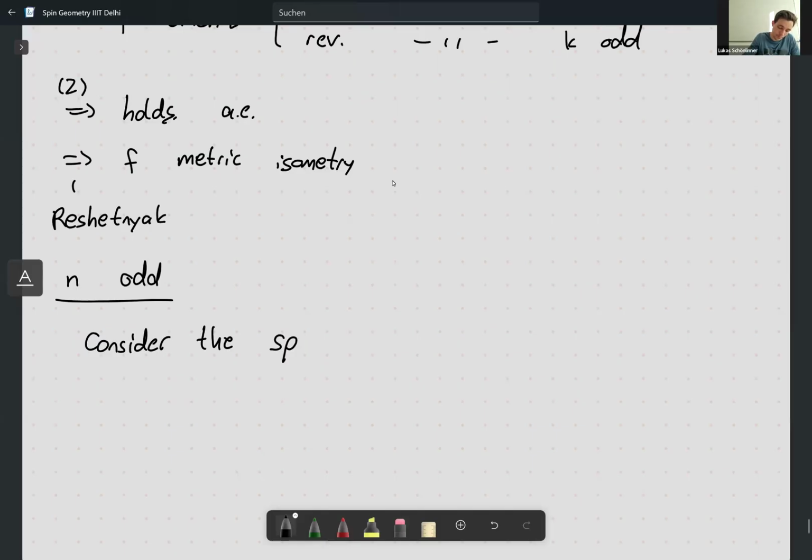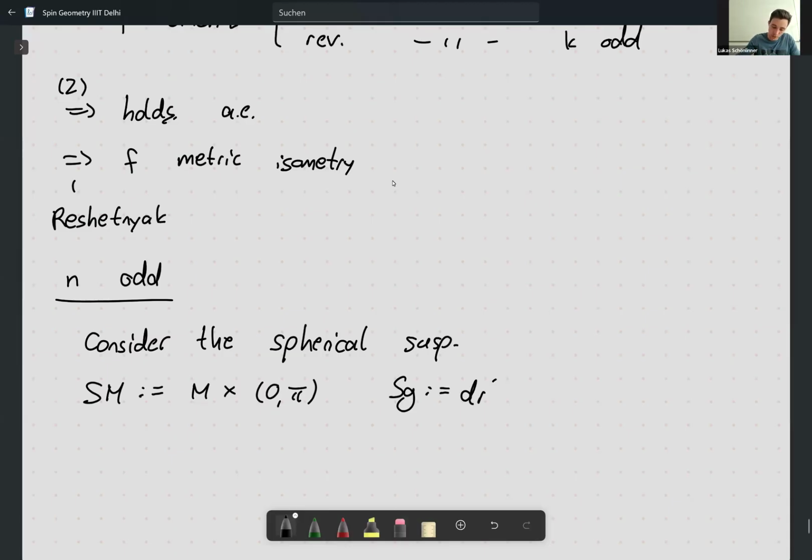Namely, the suspension SM will be M times (0, pi) with the product metric given by dr squared plus sine squared r g.